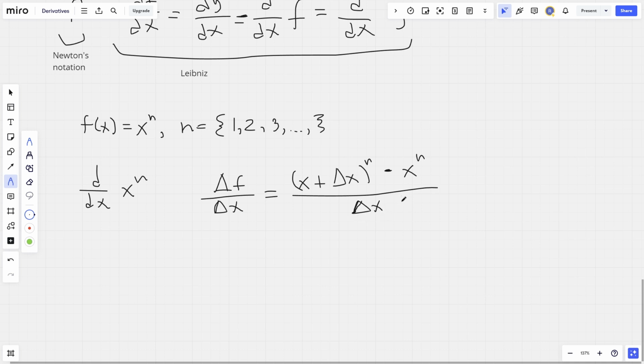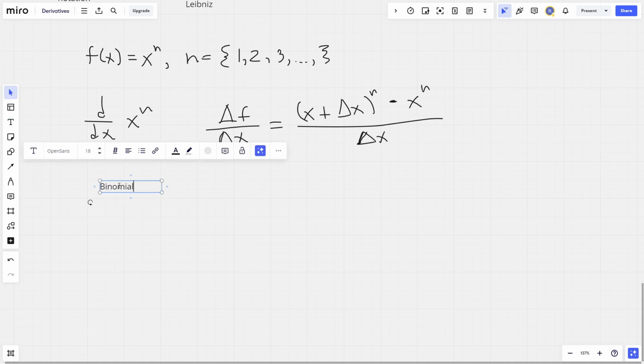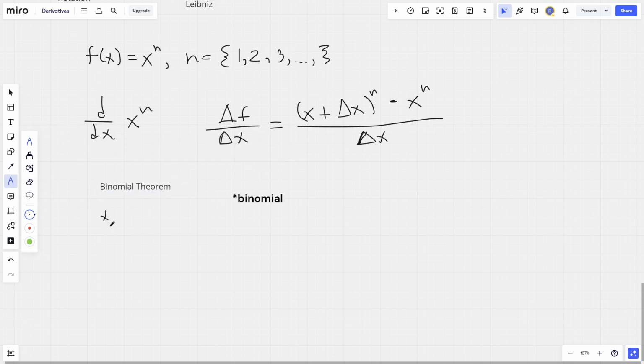So before we try to solve this, let's look at a quick side lesson. Let's look at something called the binomial theorem. Binomial theorem basically is, let's say I have x plus delta x to the power of n, right? So this is a binomial taken to the n power.